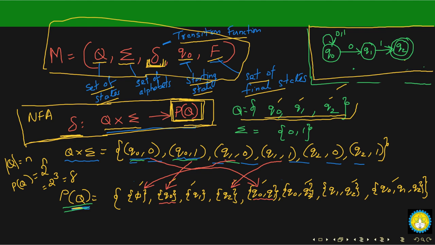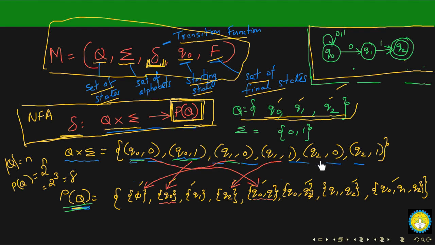I also have to map the remaining two items. So what about (Q2, 0) and (Q2, 1)? It's very easy. There is no transition defined from Q2 on 0 and 1. So naturally this should go to the null set.